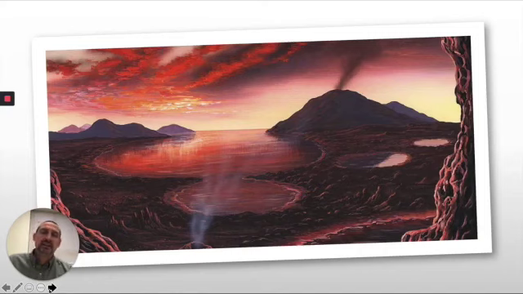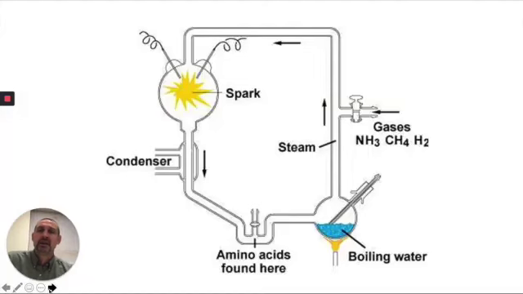So based on this assumption of what the early Earth is like, some scientists designed an experiment to see could they form amino acids. And again, the assumption is if amino acids would form, then proteins would form. If proteins form, then that's a molecule of life, and it could indicate how life started.